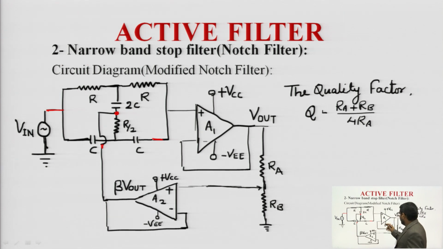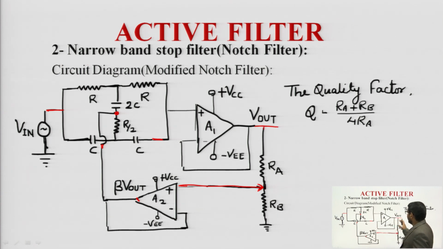And we use op-amp A1 as a source follower, and op-amp A2 we also use as a source follower. Here the output of the second op-amp is connected to the shorted point of 2C and R by 2, and the input of the second is controlled by a potentiometer which connects the two resistors, R A and R B.